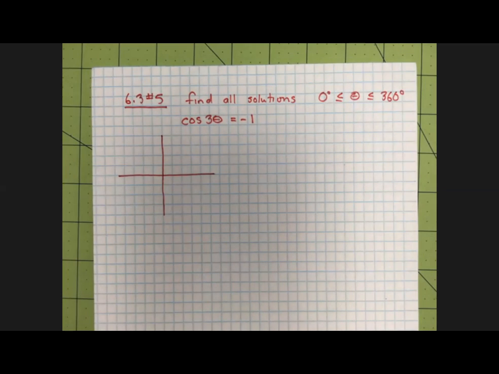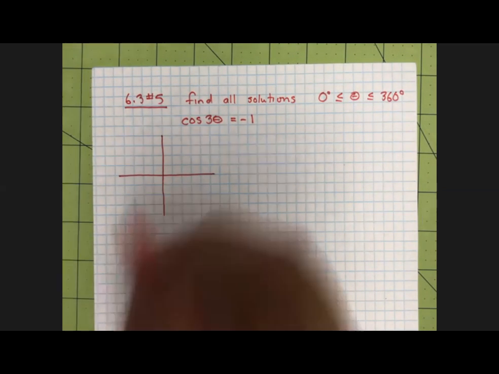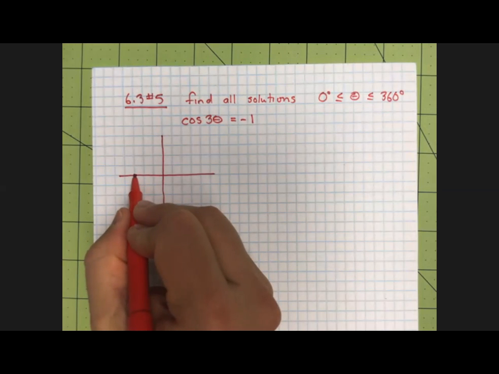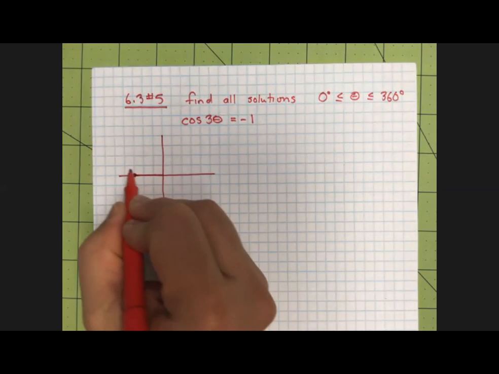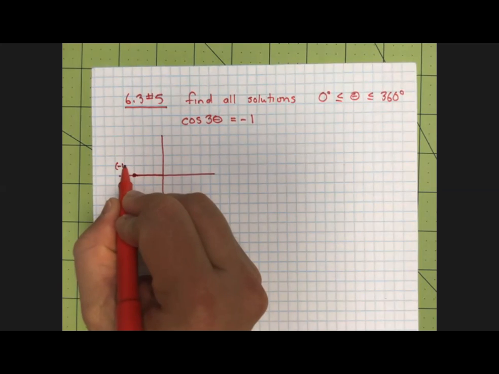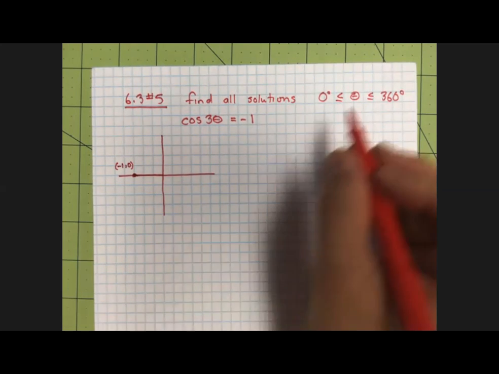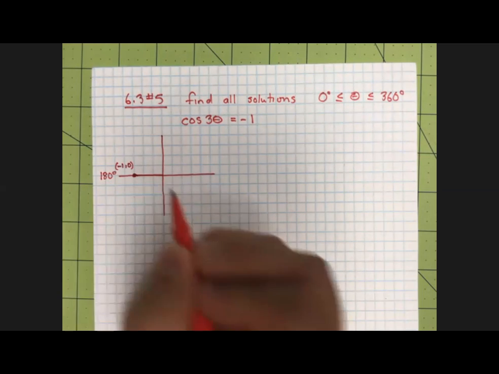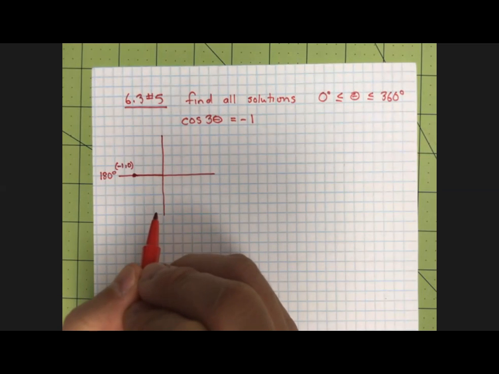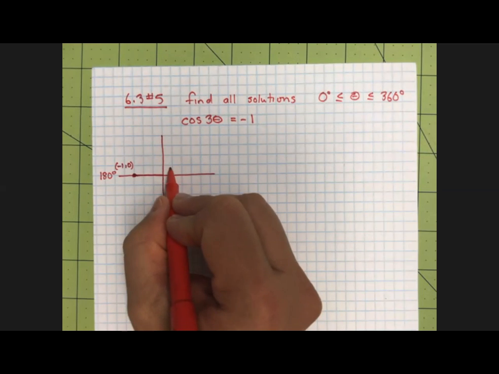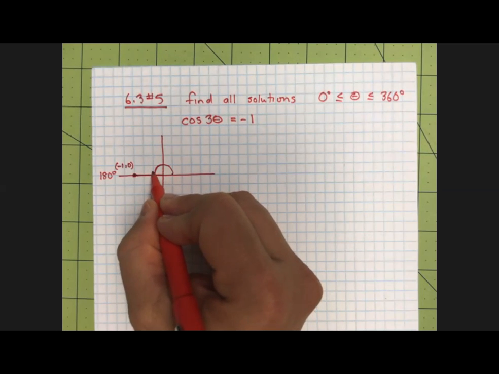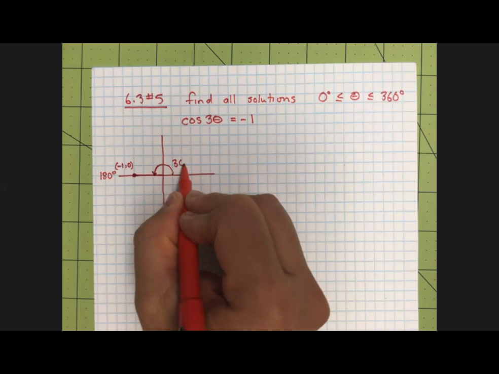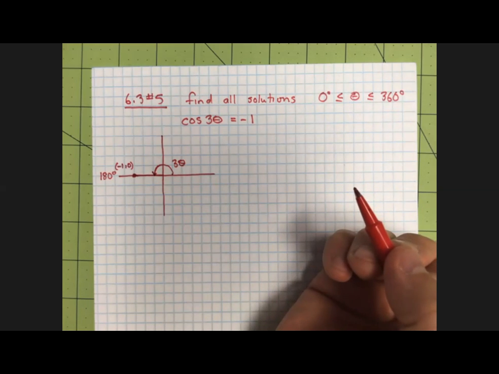Again, that's a quadrantal angle. So cosine is -1 means I'm talking about this special point over here. I'm using degrees right now. So we're at 180 degrees. And so maybe this is 3 theta, right?